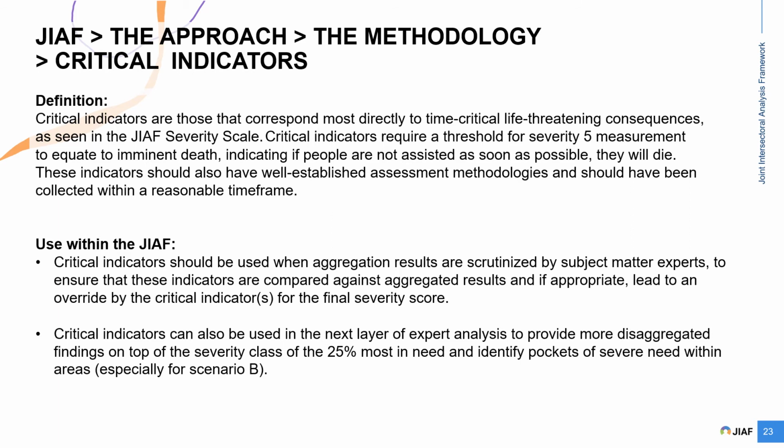The second use of critical indicators within the JIAF is in the expert analysis to provide more disaggregated findings on top of a severity class of the 25% most in need and identify pockets of severe needs within areas. It's especially true for scenario B, and we'll provide more details on that use in the dedicated session on aggregation and analysis.